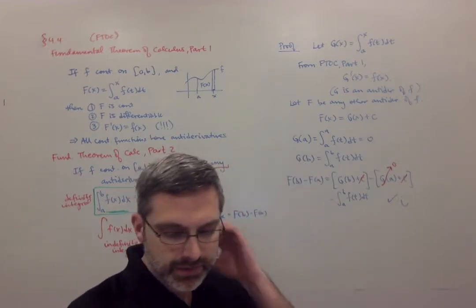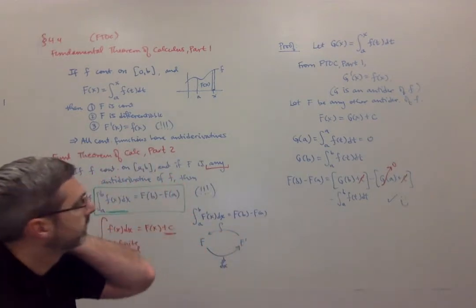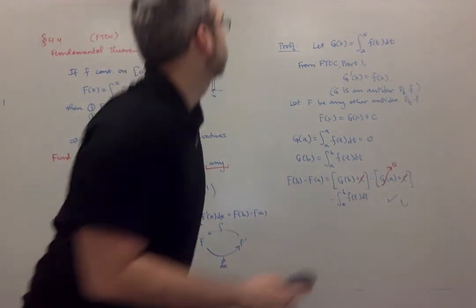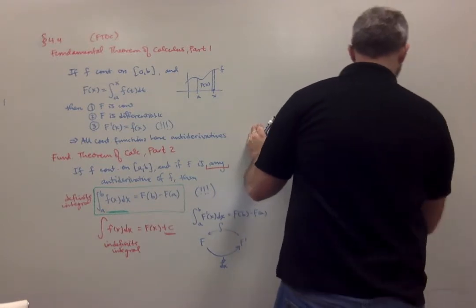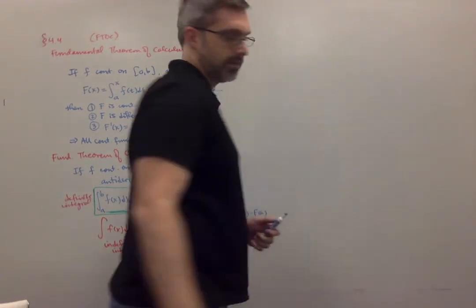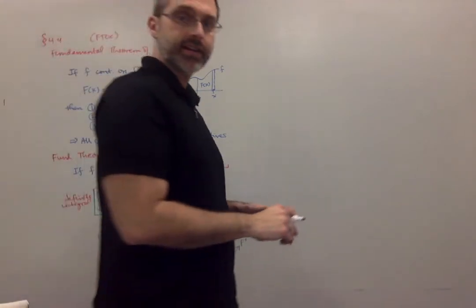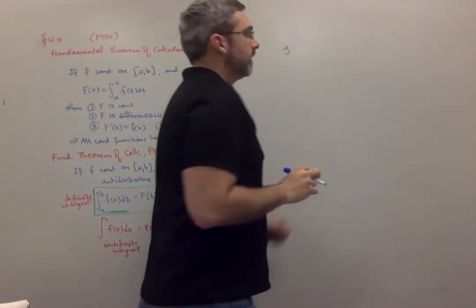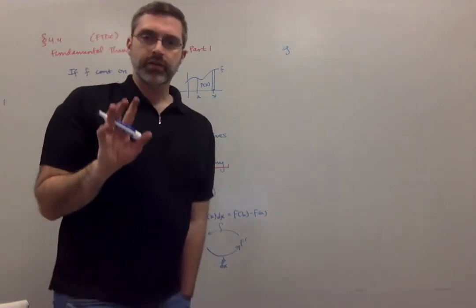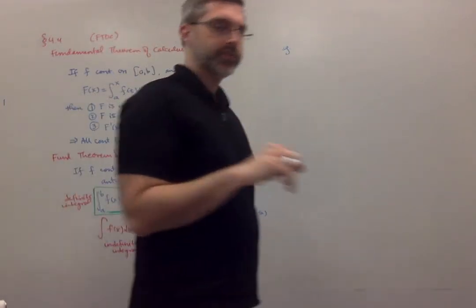One thing to keep in mind is that in order to find antiderivatives, you have to remember the stuff that we went over in section 4.1. Let me give you an example.